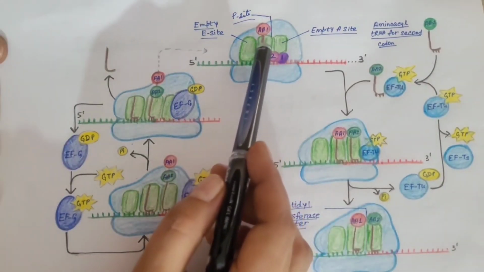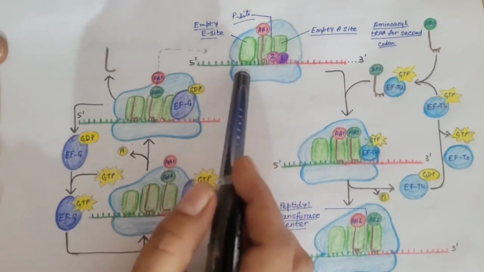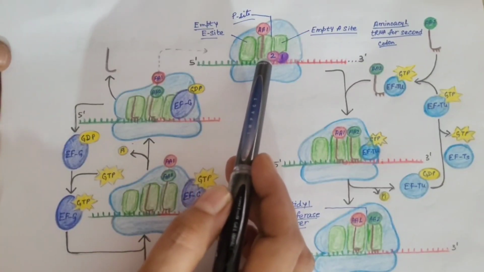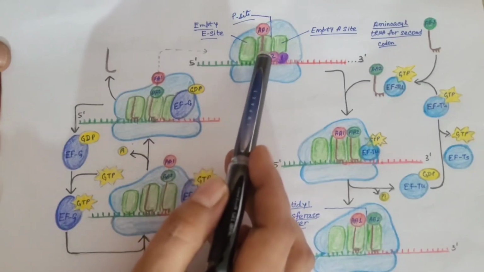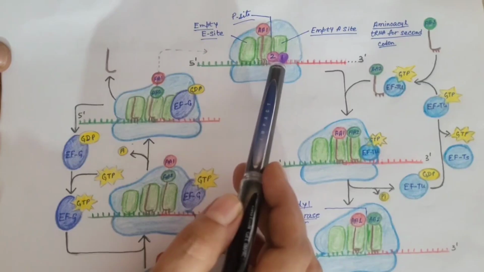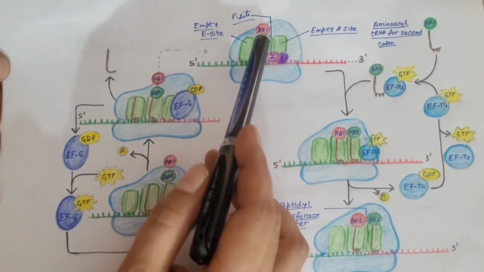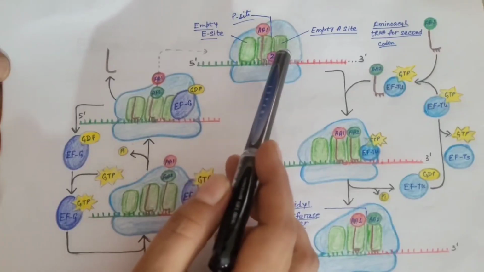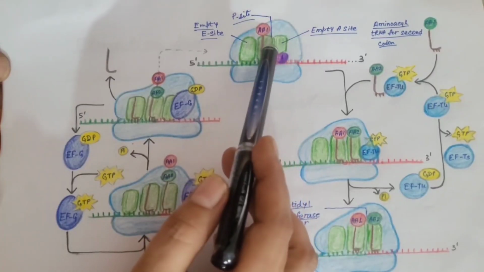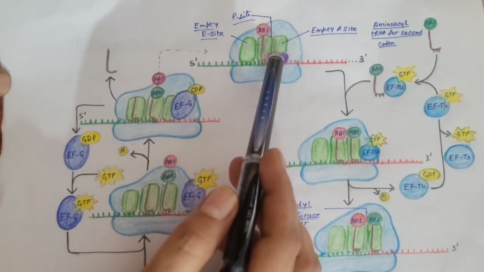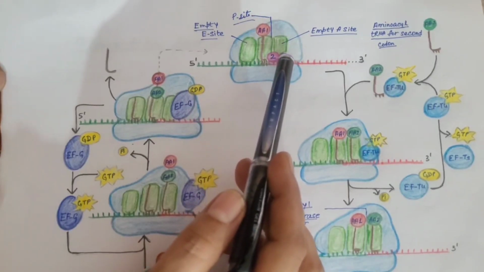These are the A site, P site and E site of the ribosome. As we have discussed earlier, the initiation codon AUG is positioned at the P site of the ribosome. Hence, the initiating methionine transfer RNA comes and binds to this P site, as a result of which the A site is empty, which is then ready to bind with the transfer RNA carrying the second amino acid, and in this way elongation begins.